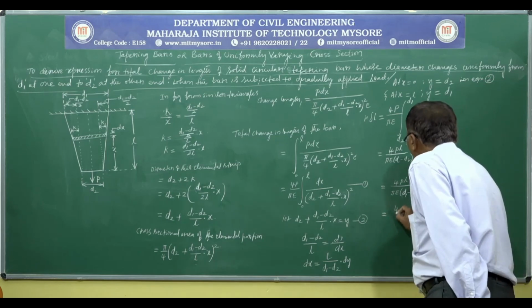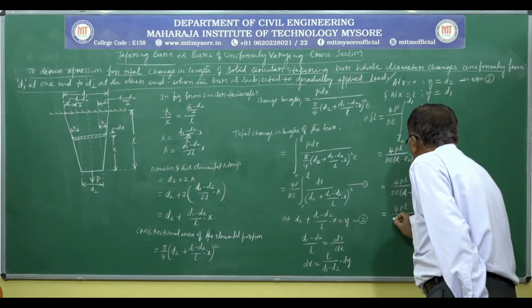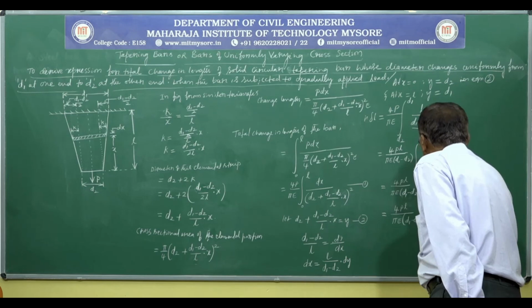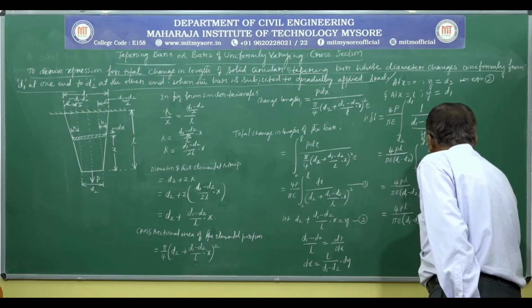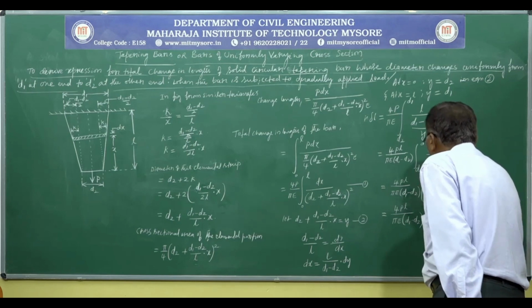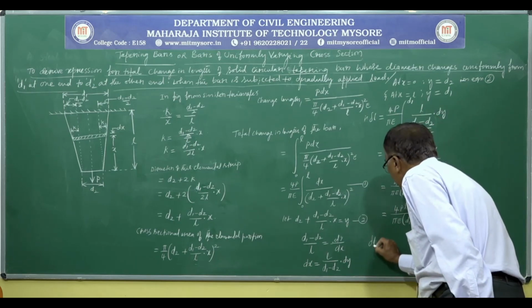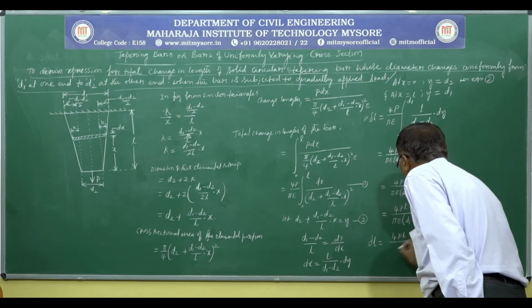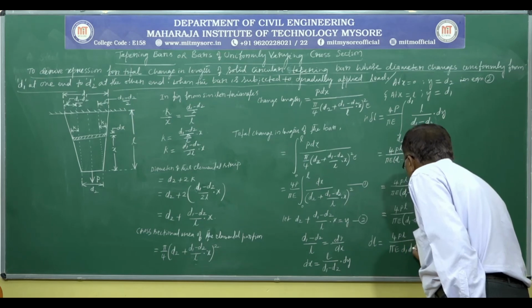That is equal to 4PL divided by pi E (d1 minus d2) times (minus 1 over d1 plus 1 over d2). If you rearrange and write, you will get delta L is equal to 4PL divided by pi E into d1 d2.